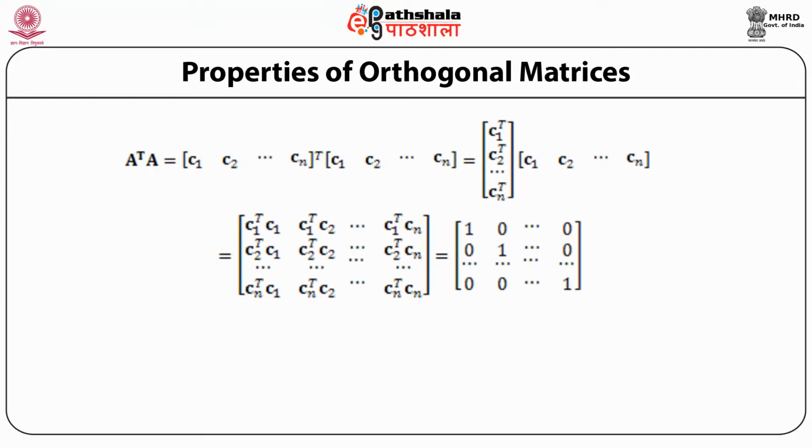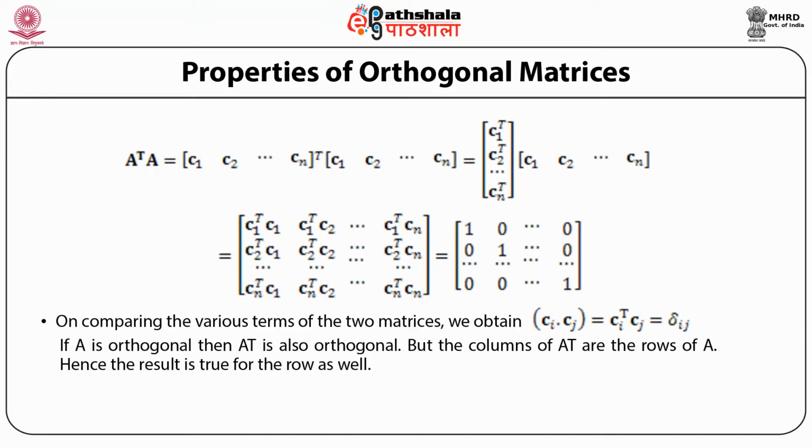This can be written as equal to the n cross n identity matrix, with the first row being 1, 0 and all other elements 0, the second row being 0, 1 and the rest being 0, till the last row being 0, 0, 0 till the last element being 1. On comparing the various terms of the two matrices, we obtain ci dot cj is equal to ci transpose into cj, which equals delta ij.